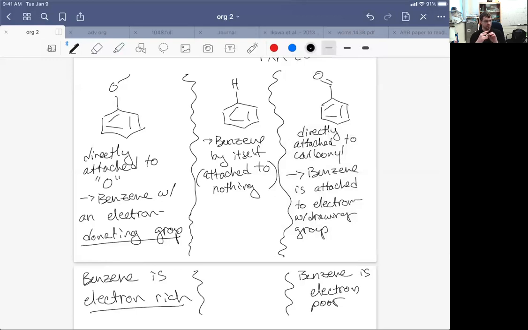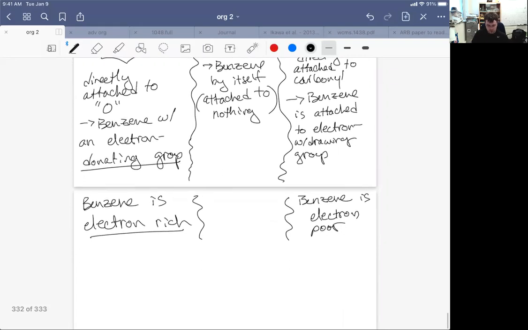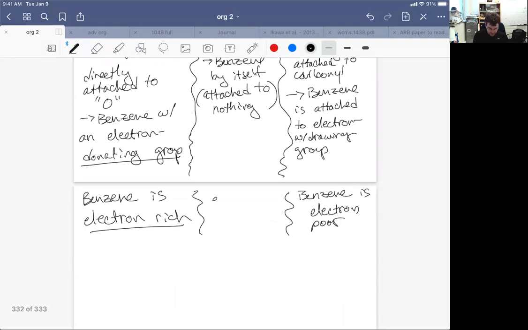And in the case of the donating group, it's had a little bit of its cloud added to by the electrons on the oxygen atom. The one in the middle is electron neutral because it's our reference point. It's what benzene starts out as.